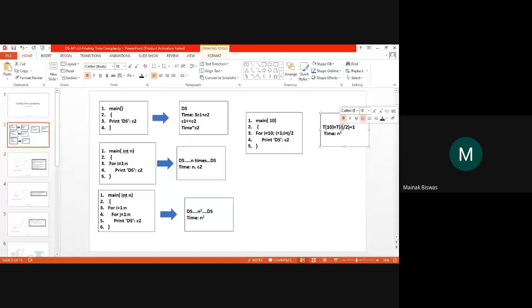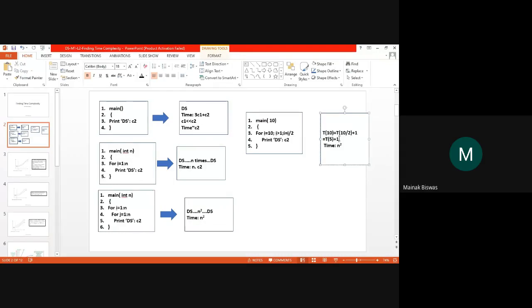So 10 by 2 plus 1, or let us say T5 plus 1. So this I value is represented within this T1.